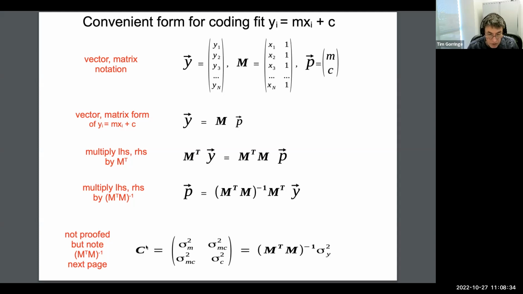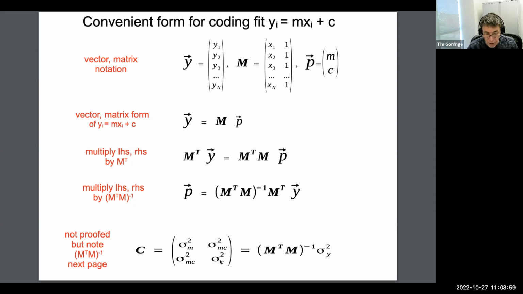So this matrix C is what we call the covariance matrix. It's a 2x2 matrix. The diagonal elements of this matrix C: the one in the top left is the variance, that's the square of the standard deviation, the variance of the slope, so that's going to tell us the uncertainty in the slope.